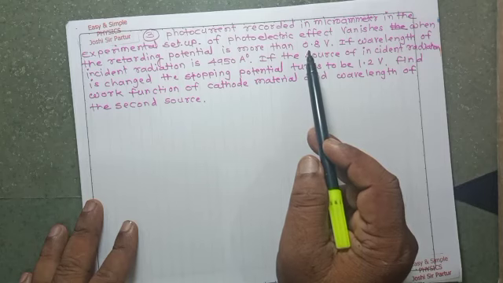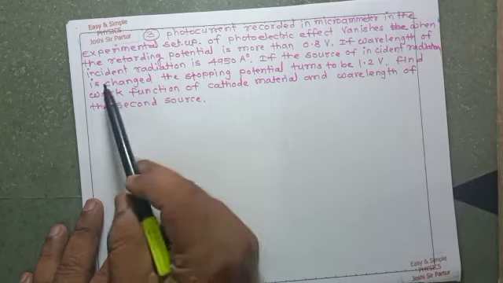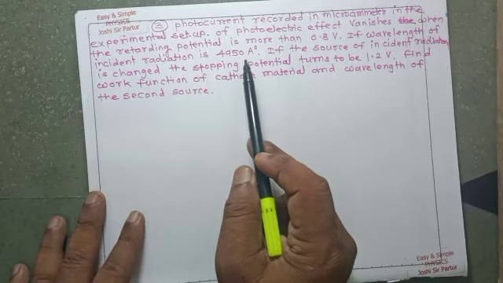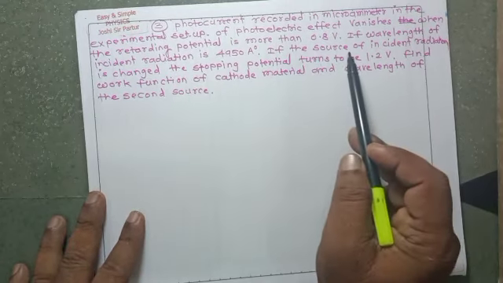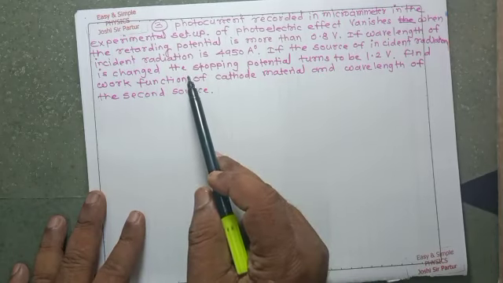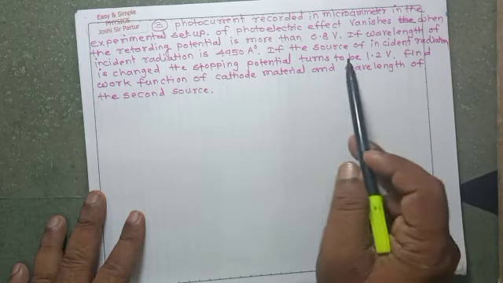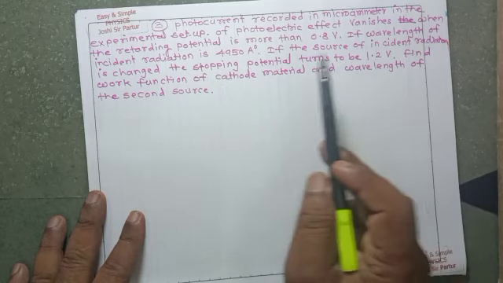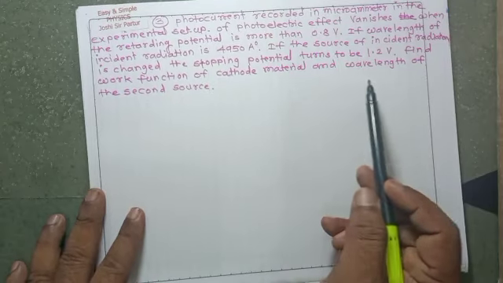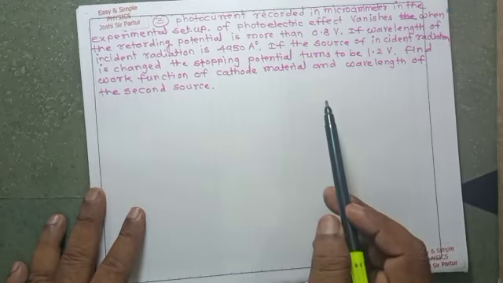It will be 0.8 volt if the wavelength of incident radiation is given as 4950 angstrom unit. If the source of incident radiation is changed, the stopping potential turns to be 1.2 volt. Find the work function of the cathode material and the wavelength of the second source.